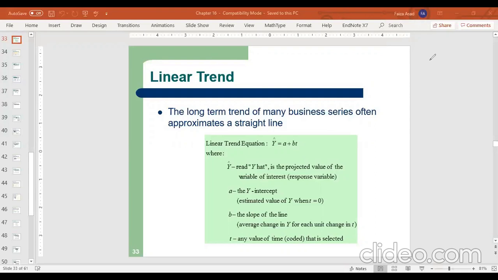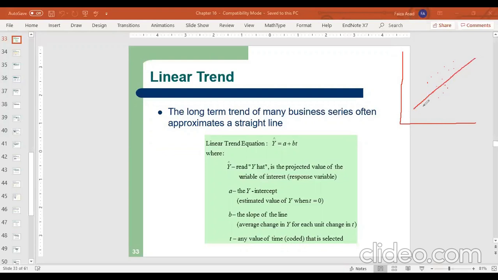If you remember, in chapter 3, we already studied the linear equation and the introductory concepts for regression and correlation. So here I'm going to draw a line, and these are some data points given, and a line passes right through the middle of these data points.